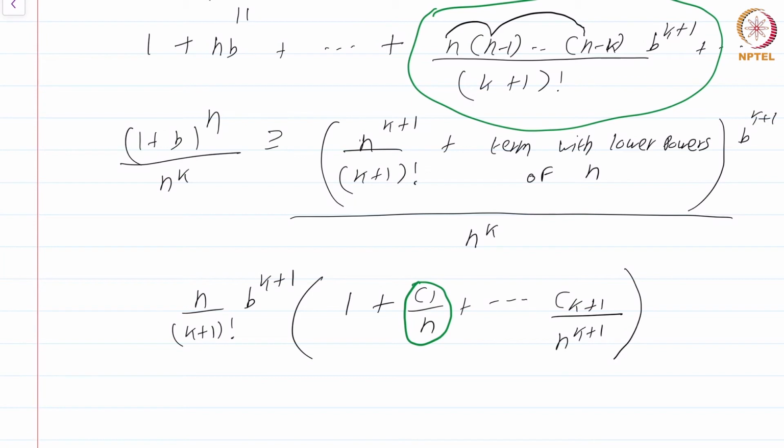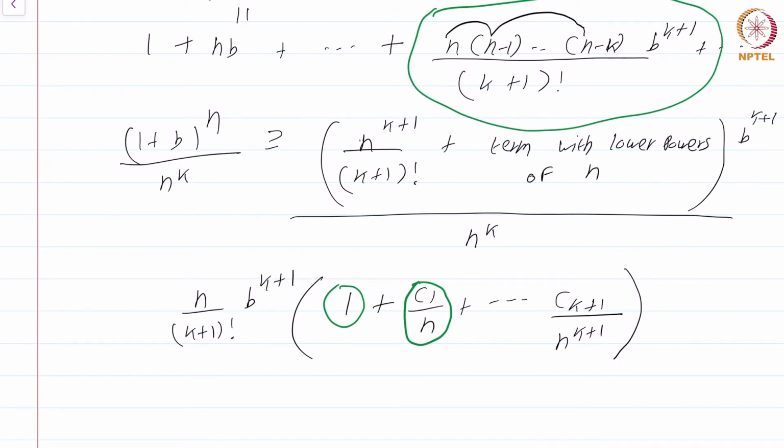And similarly, the final term will be a constant term out of which I am dividing an n power k and I am taking an n outside, so there is an n power k plus 1. Okay, and this 1 accounts for the very first term, which is n power k plus 1 by k plus 1 factorial into b power k plus 1. Right? Now, why did I do this?